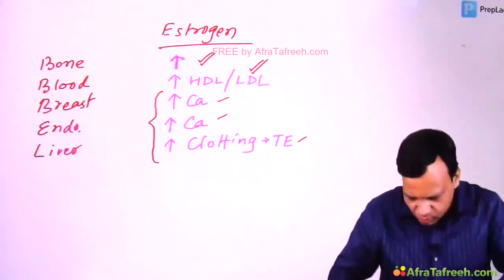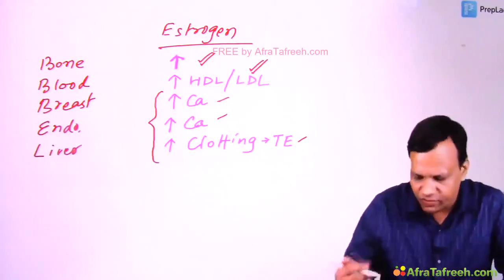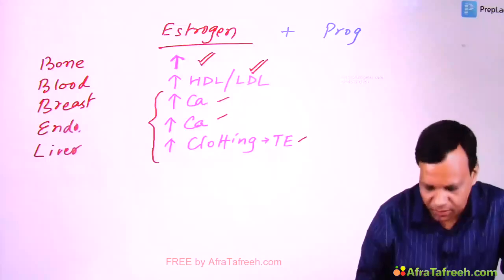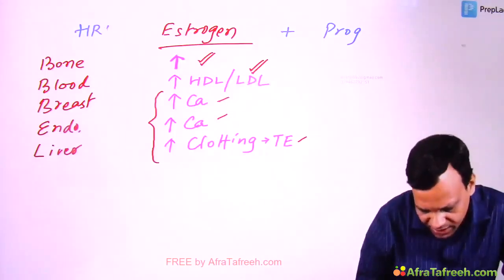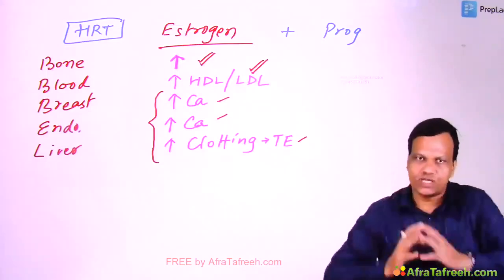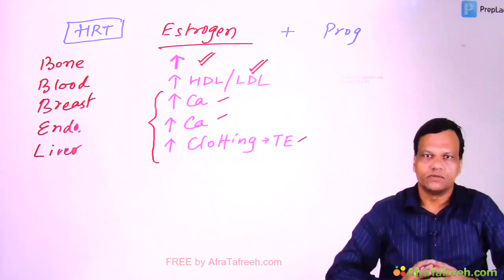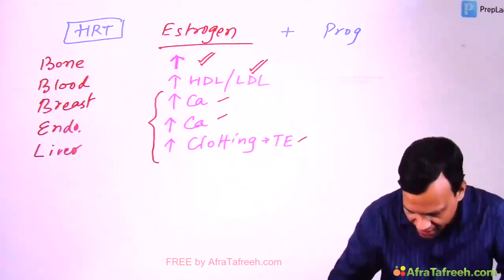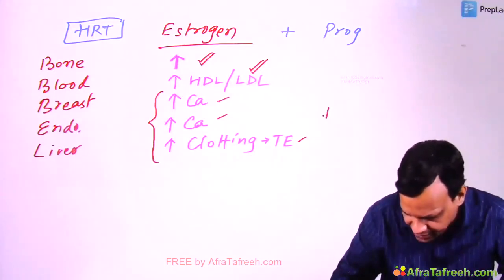But previously we were doing, which we do not do nowadays, we were giving estrogen in combination with progesterone. That combination was called hormone replacement therapy. The question asked sometime was, why is progesterone added in hormone replacement therapy? We want estrogen, but why is progesterone added? The reason is progesterone has an opposite effect on endometrial cancer.